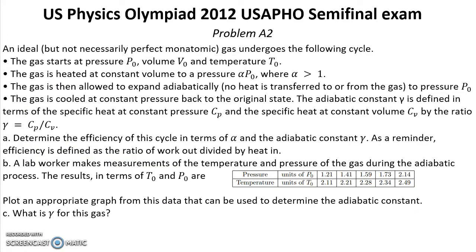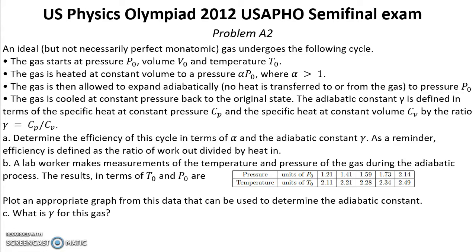Problem A2. The solution for this problem you can find below this video in the description reference. An ideal but not necessarily perfect monatomic gas undergoes the following cycle. The gas starts at pressure P0, volume V0 and temperature T0.